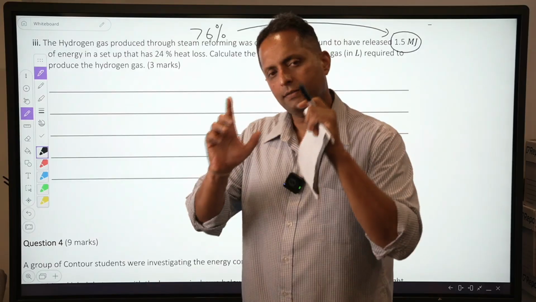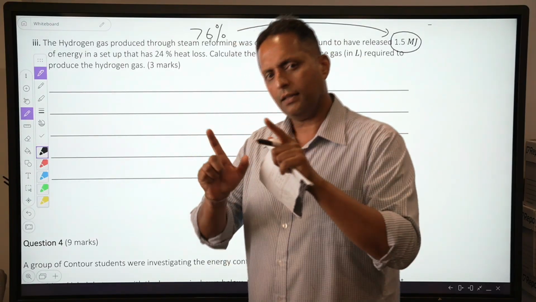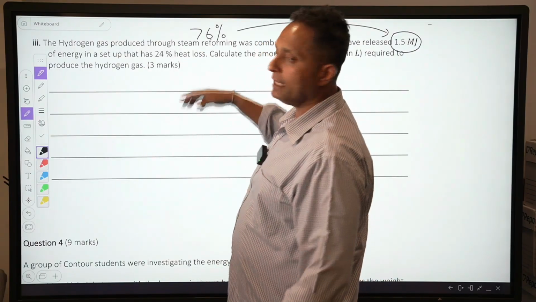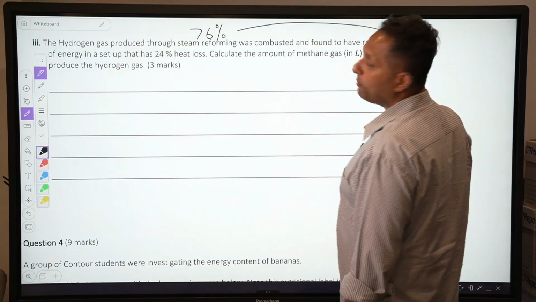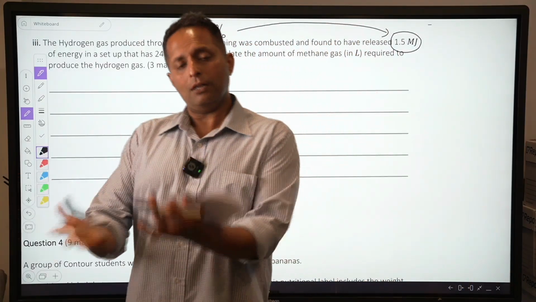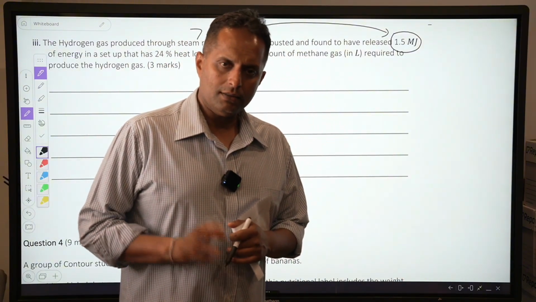Now I want you to understand this very clearly. Hydrogen ended up releasing more energy than 1.5. However, we were not able to capture that energy. Is that clear to you?